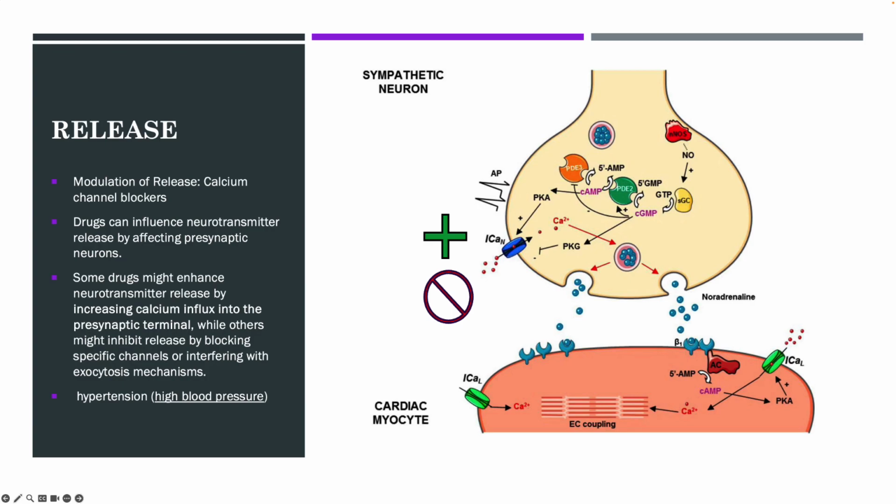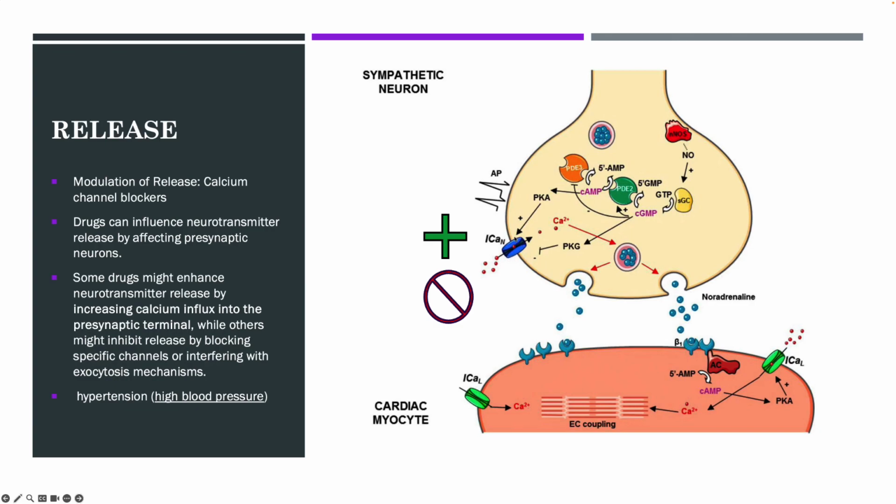So we know that when a neuron fires, we have an action potential that comes down the neuron, right? The presynaptic neuron. This would be post, but if you look here, this is a cardiac myocyte. So this is the sympathetic nervous system communicating with a muscle cell in the heart. Well, one of the things that has to happen before this vesicle can release its payload is we have to have this action potential depolarize the calcium channel.